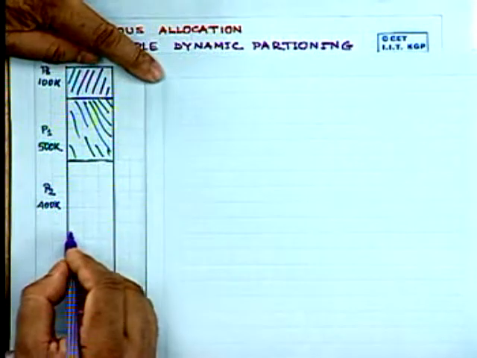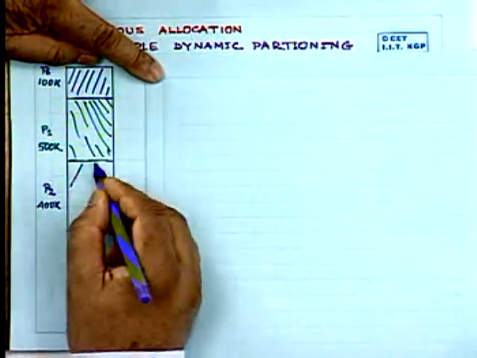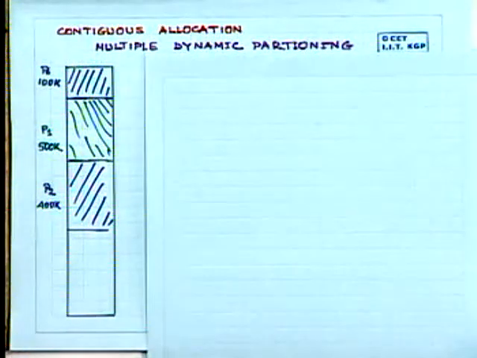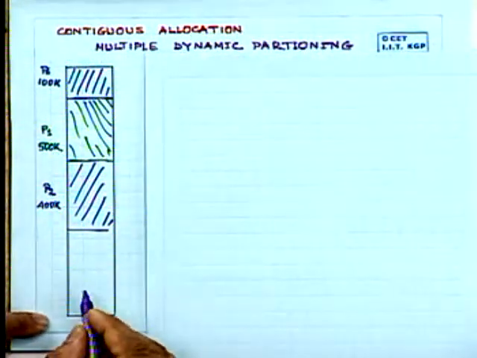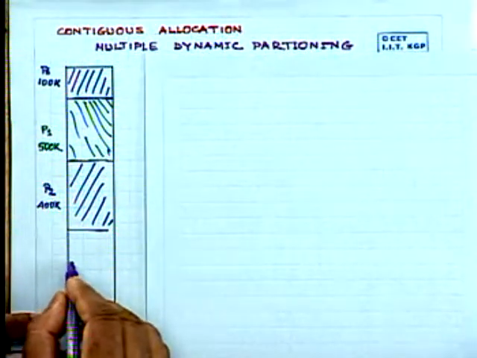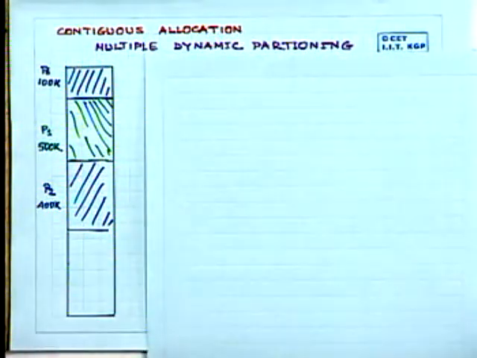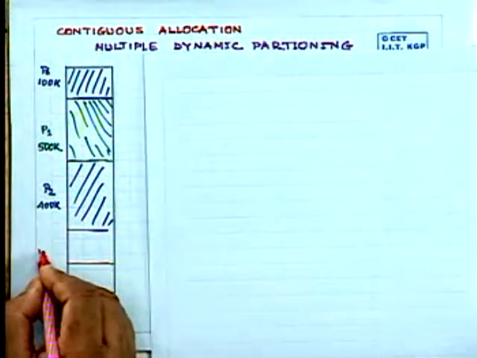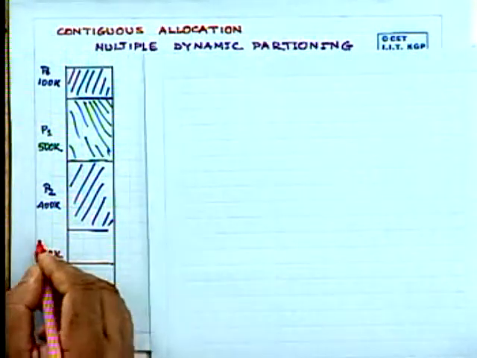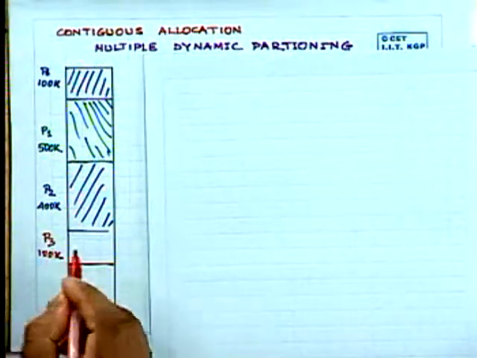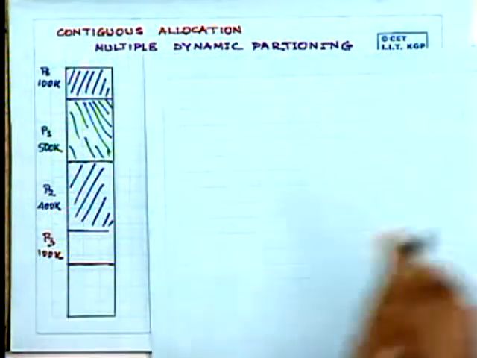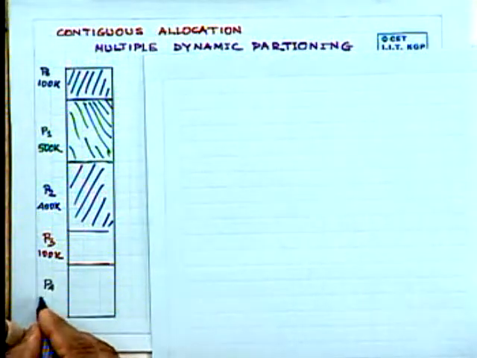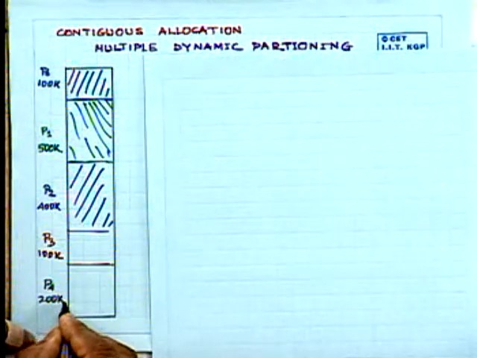So 400K will be taken from memory and is allocated. And say, for example, another has come which is, say, 100K once more. Say this process is P3, and another has come, say, P4, which is once more 200K.